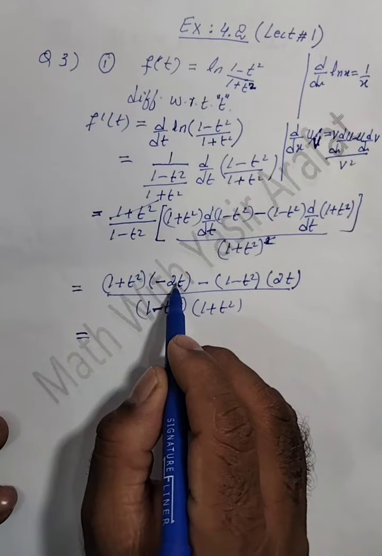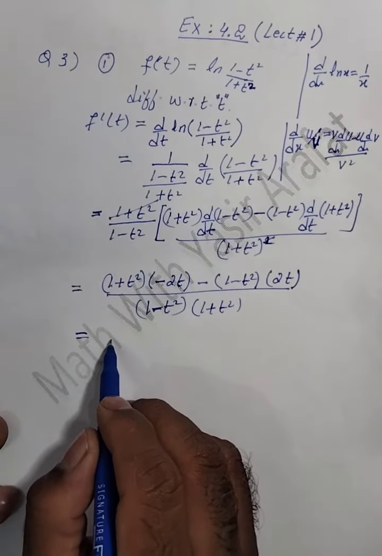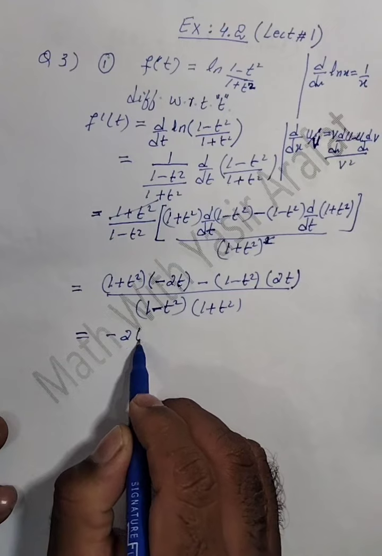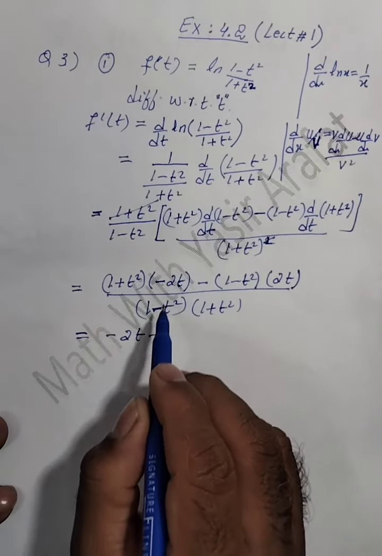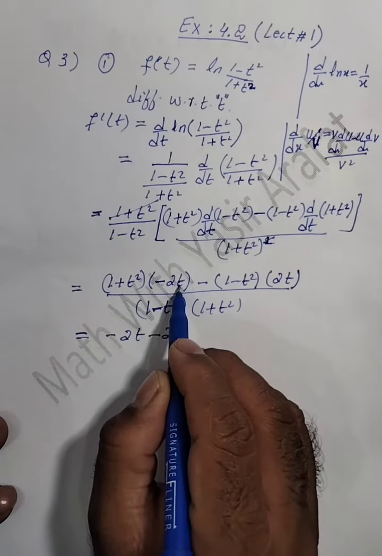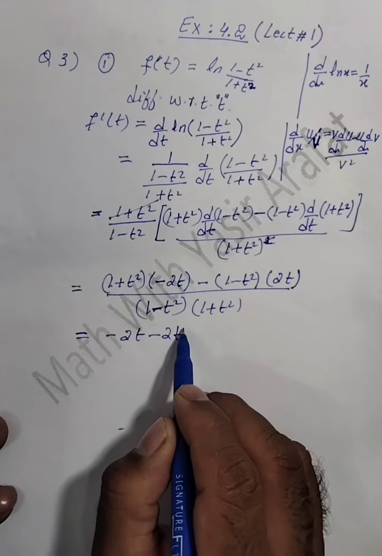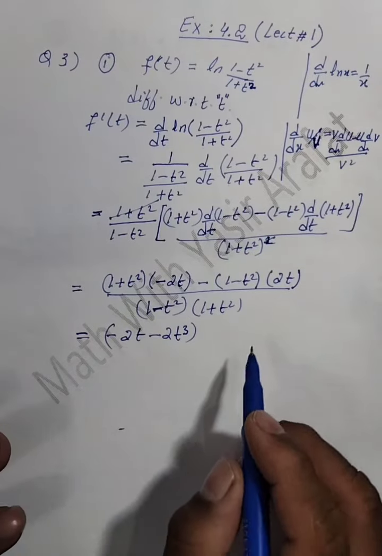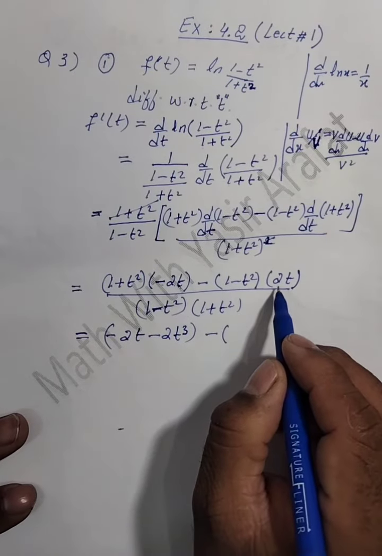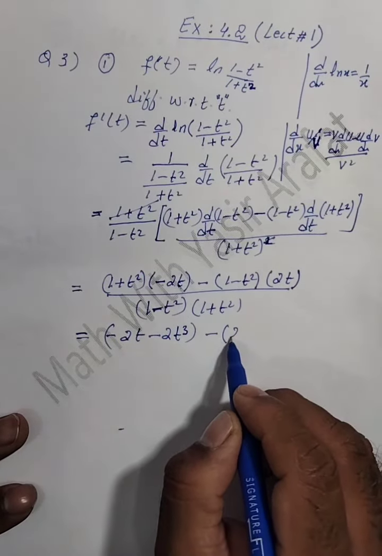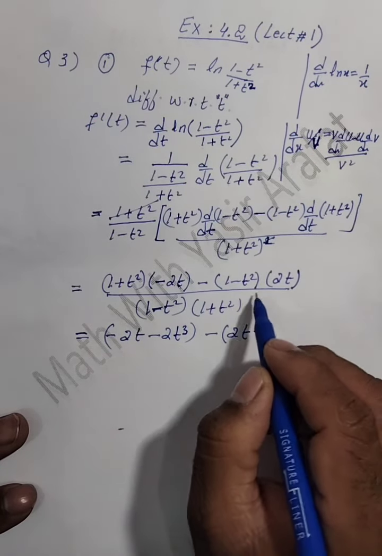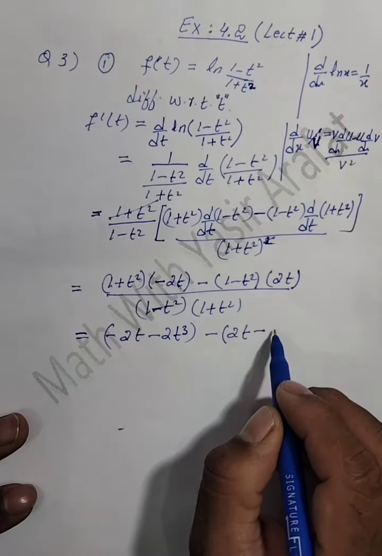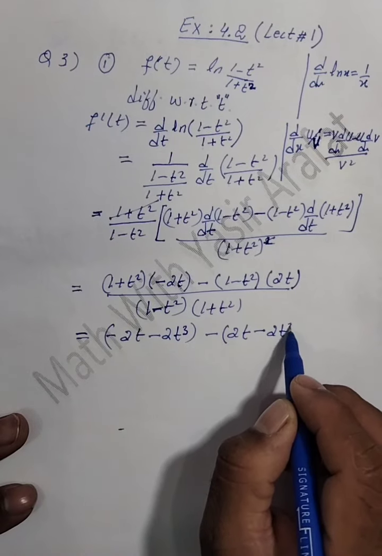So just multiply: minus 2t multiplied by 1 will be minus 2t. Minus times minus is plus, 2 times t multiplied by t square, the base is the same, then the powers add up, so it will be t cube. The same situation here: 2t multiplied by 1 remains the same, and minus 2t multiplied by t square gives 2t cube.